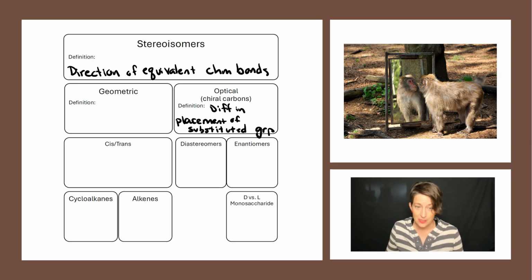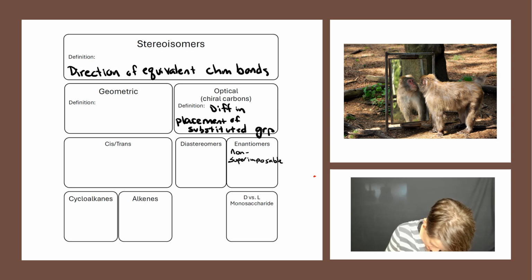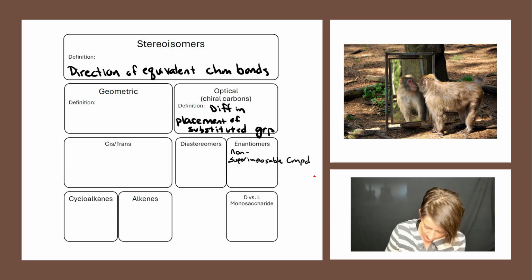An enantiomer, I swear these words are just going to get bigger, is a non-superimposable compound, like I had shown you with our chiral carbons, that is a mirror image.